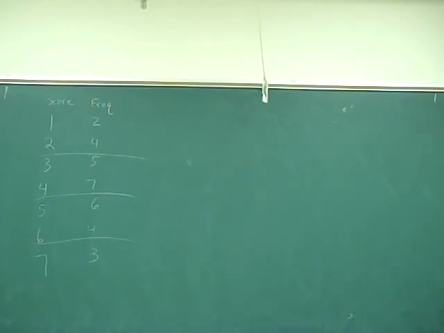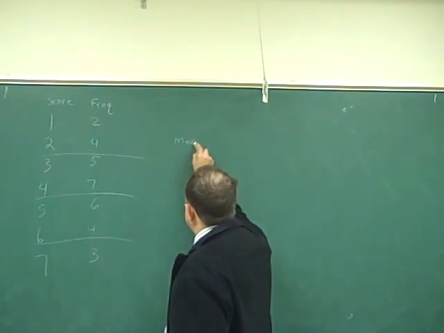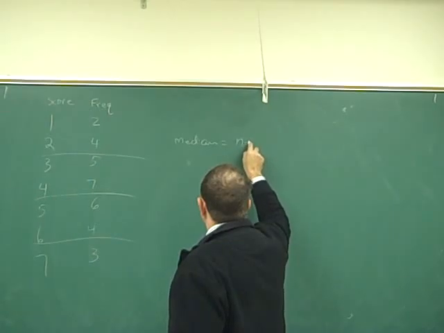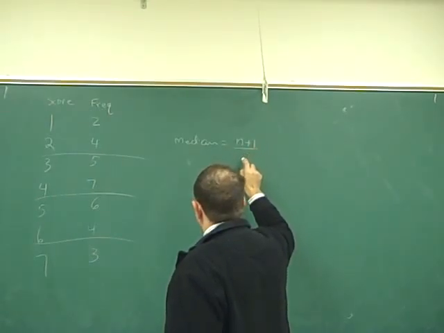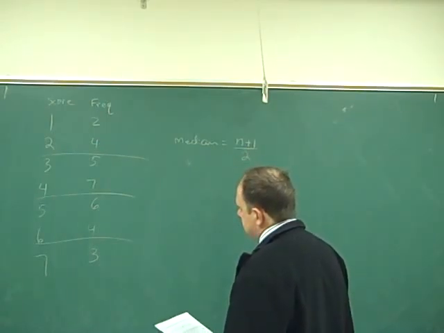And what we want to do here in problem 22 is we want to find the median. Okay? So what we do here is we take n plus 1 and we're going to divide that by 2.